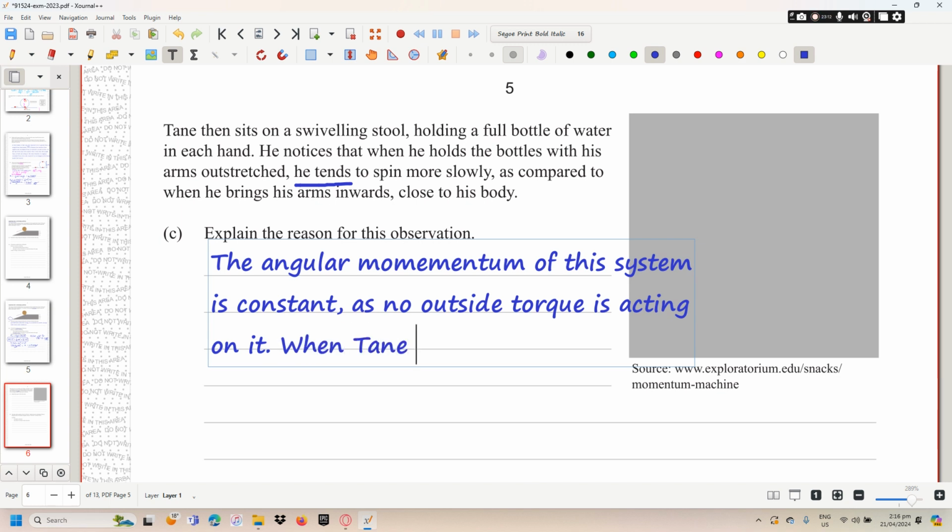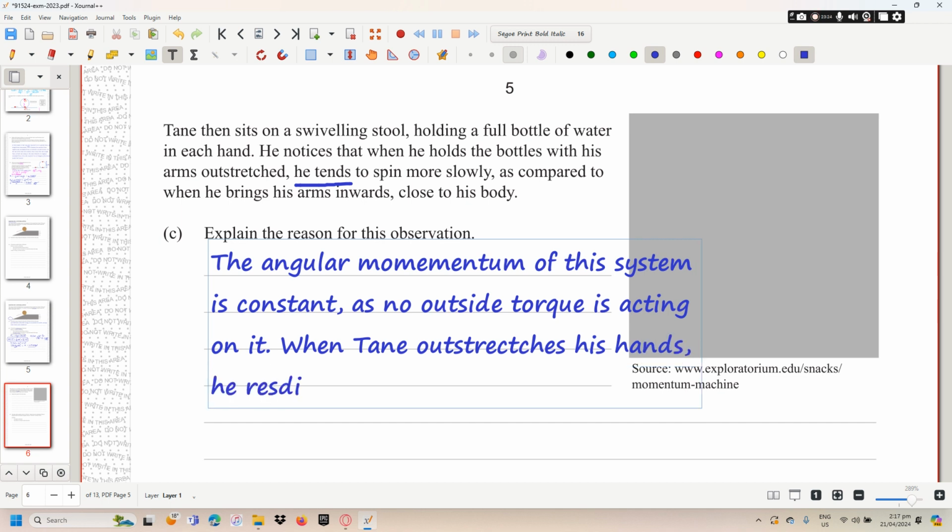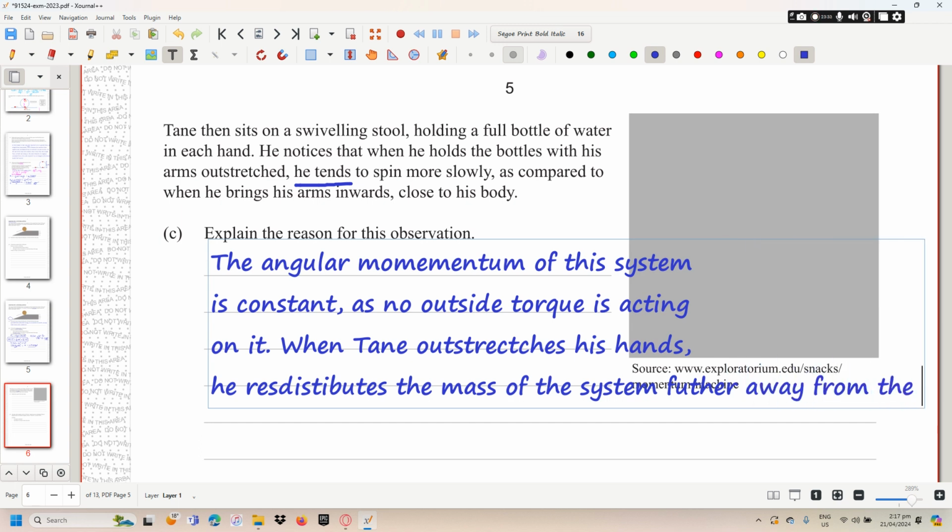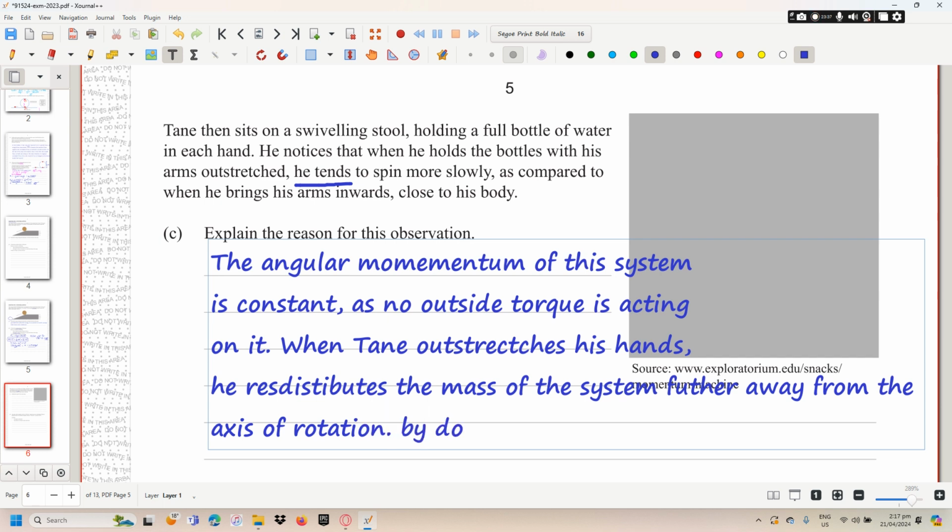When Tane outstretches his hands, he redistributes the mass of the system further away from the axis of rotation. By doing this, he increases his rotational inertia.